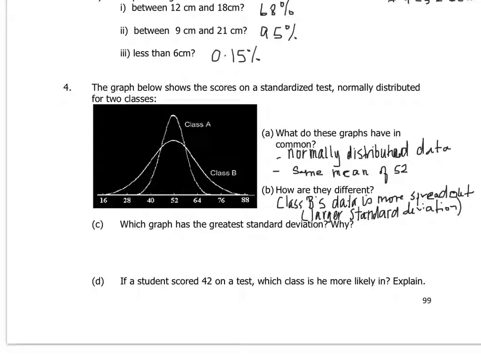Oh, I just answered the question for C, which has the greatest standard deviation, and that would be class B, since the data is more spread out.